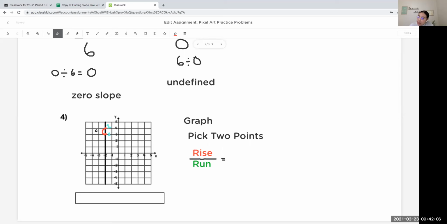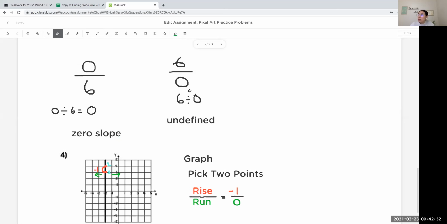I'm going to come down 1. So I'm going to write down 1, -1. Over my run, do I have to go left or right to get to point 2? But I actually am already at point 2. I went down 1 and I'm already at point 2. So I didn't go left or right, that's 0.